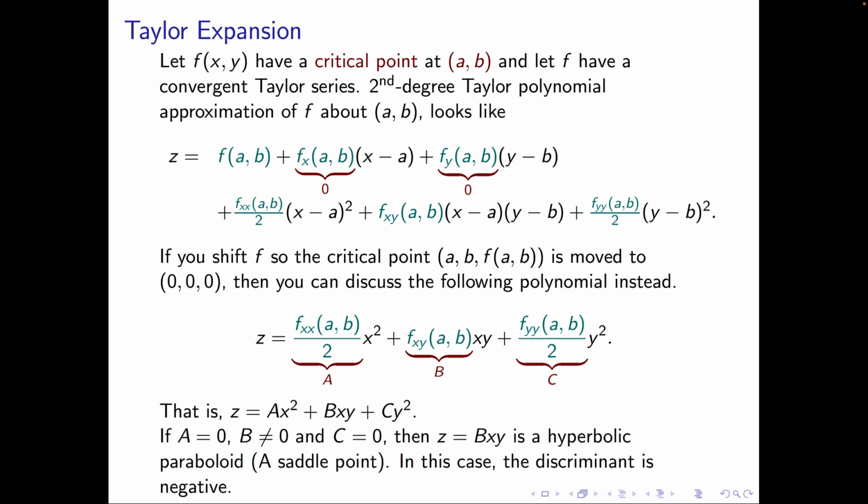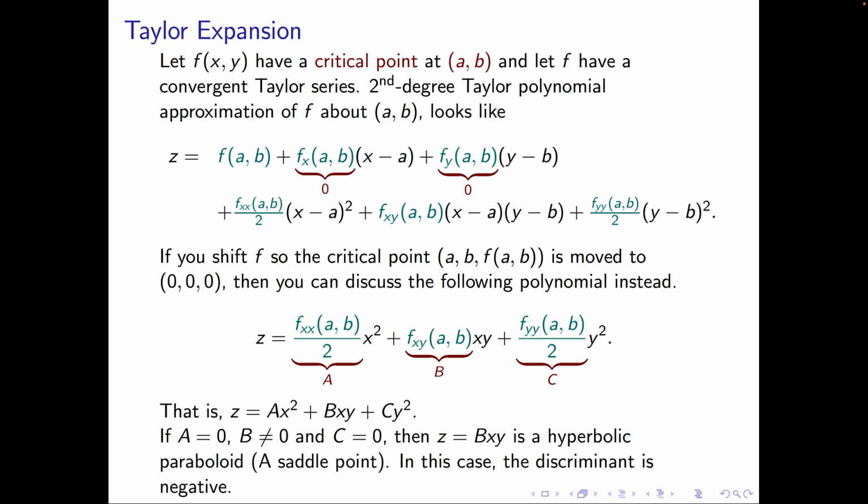Now, I want to use completing the square to recognize these quadratic surfaces. A, B, and C are based on the second derivative values at a, b. I want to figure out how changing A, B, and C changes my quadratic surface.